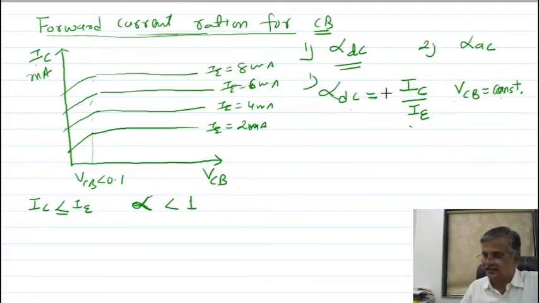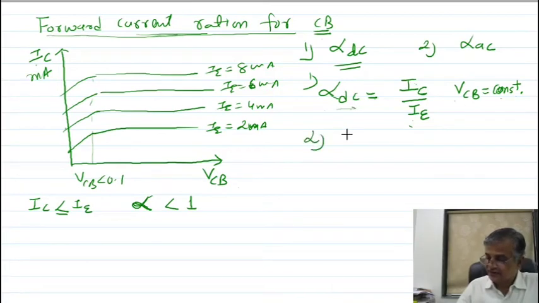Or you can say it is the ratio of the DC value of the output collector current to the DC value of the input emitter current at a constant VCB. It is called DC current gain, alpha DC.